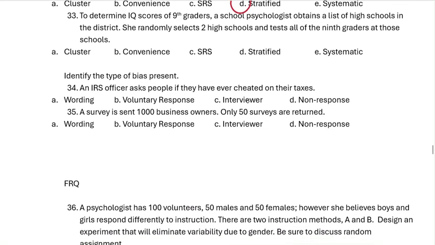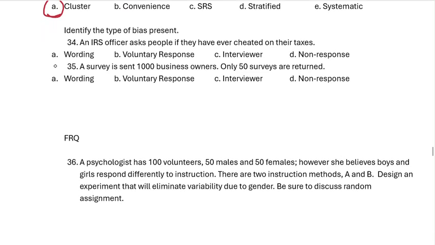To determine IQ scores of 9th graders, a school psychologist gets a list of high school students. She randomly selects 2 of the high schools and then tests all of the 9th graders at those schools. So she groups them by high school. She uses 2 high schools and then tests everybody in that group.